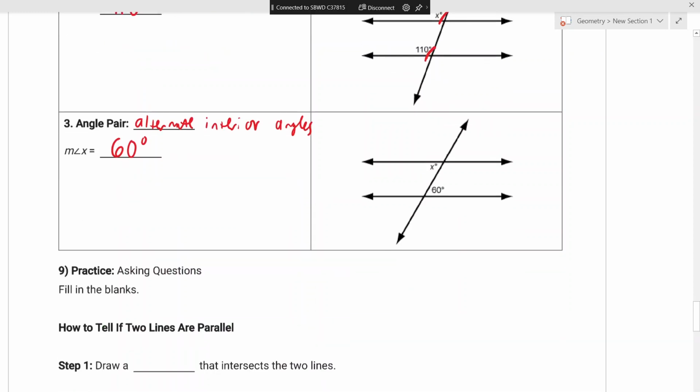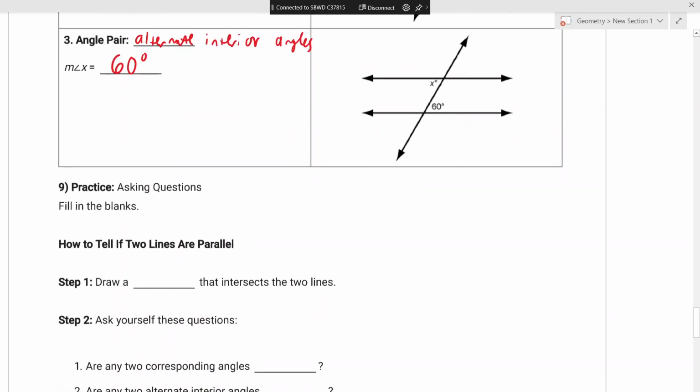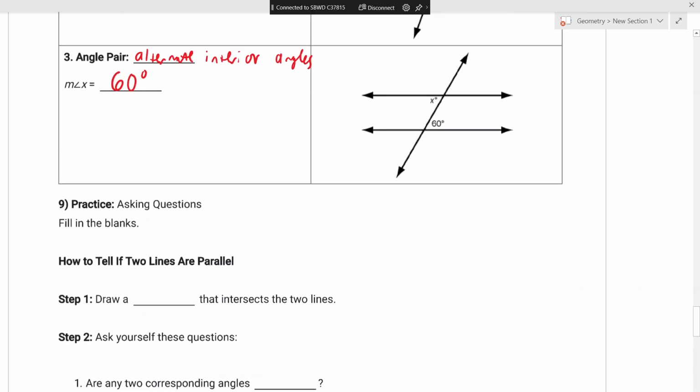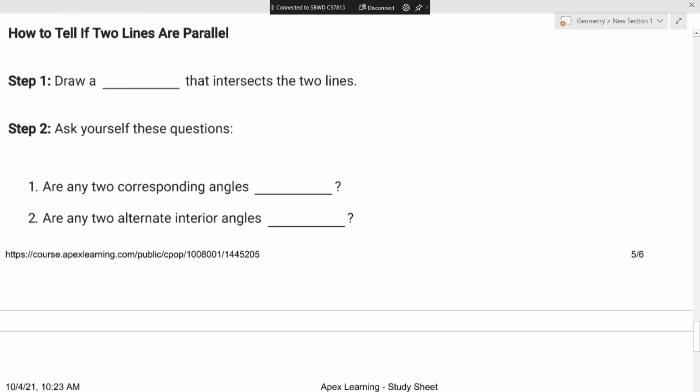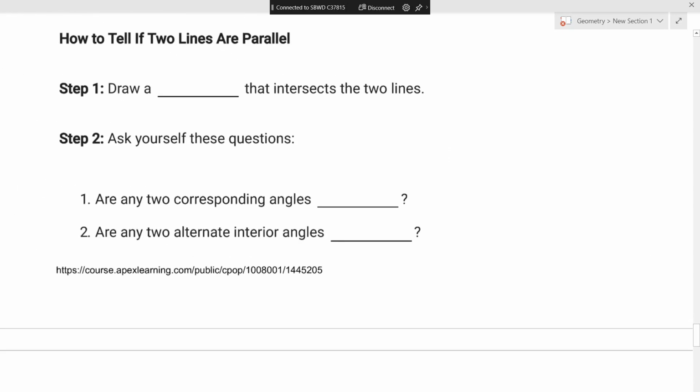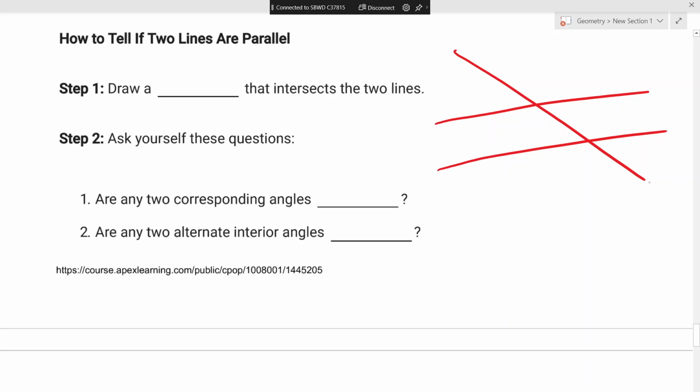All right, okay, and this is our last couple rules here. If you want to tell if two lines are parallel, so let's say we have these two lines, a super easy way to do it is to put a transversal there.